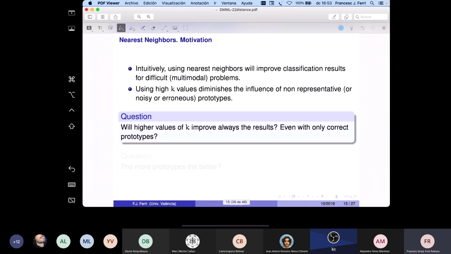Then you can take K as high as you want. Can you always improve the result by raising K or not? Why not? Can anyone answer?